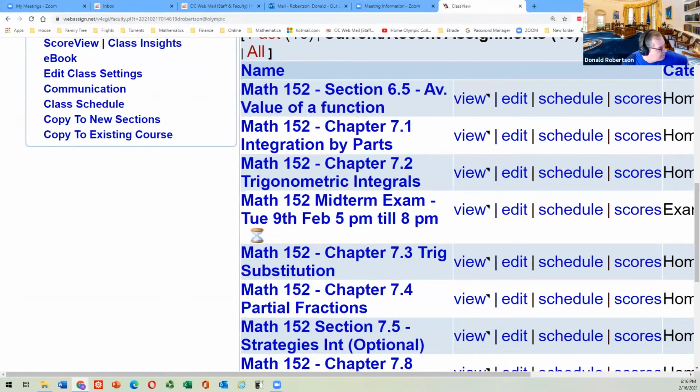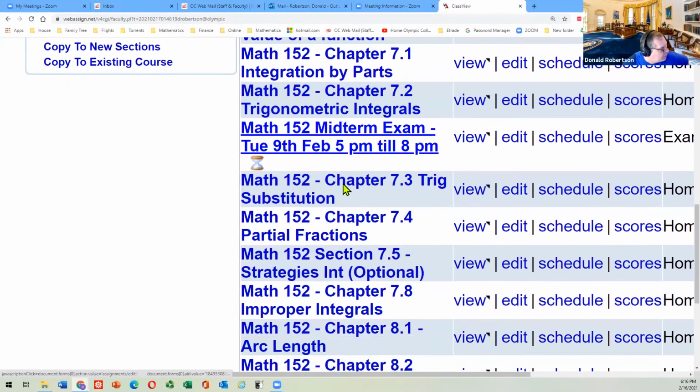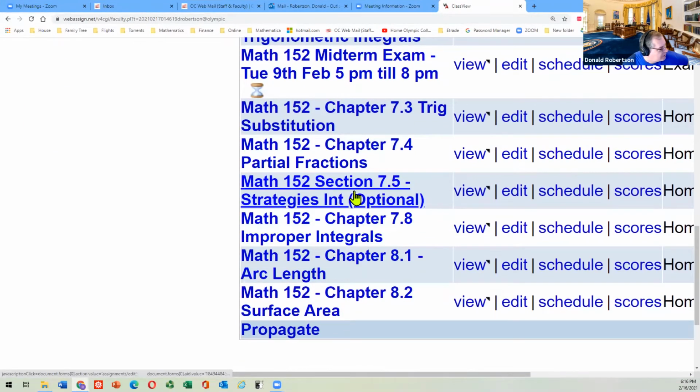So are we still looking now at the screen? Does it say section 7.5? Okay. Now 7.6 is integration using tables, and that's not there. 7.7 we did in week 1. Remember Simpson's rule? Chapter 7.7. So if you wondered where it went to, you've done it.